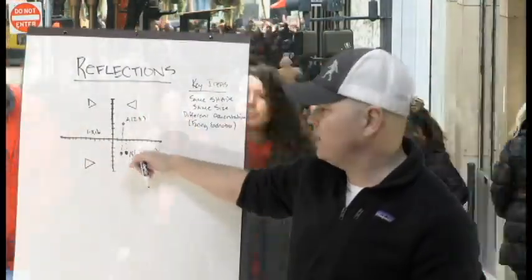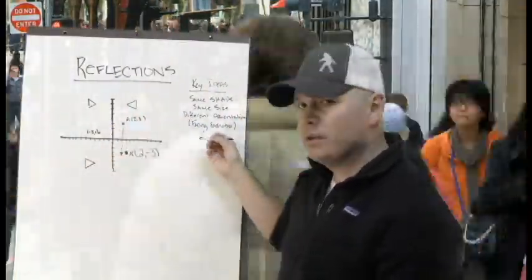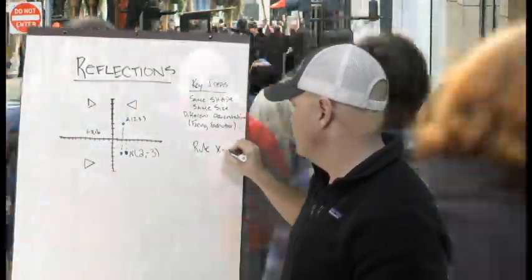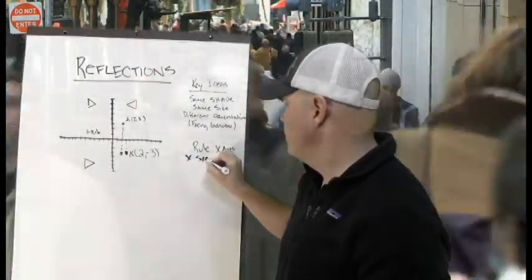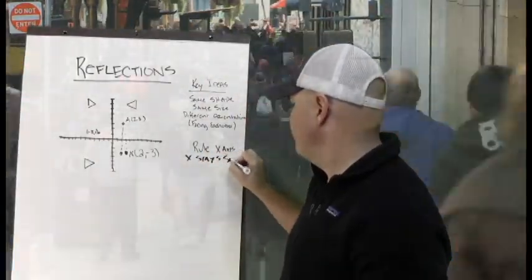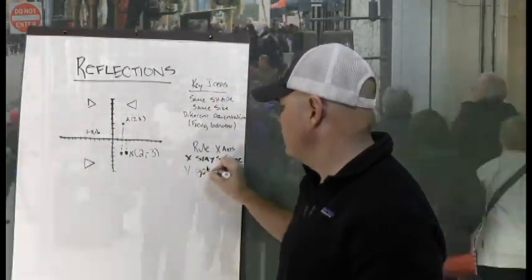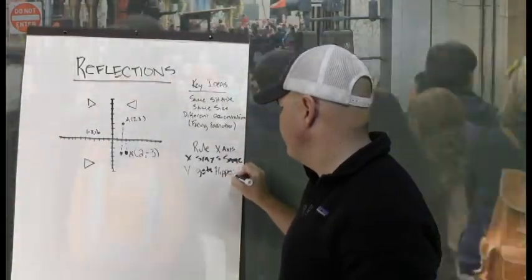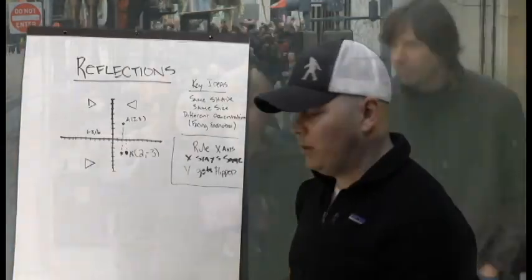When we go across an axis, my y value is getting flipped, my x is staying the same. So that's actually a rule for the x-axis: the x stays the same, the y gets flipped or becomes its opposite. Okay? So that's our first rule that we deal with.